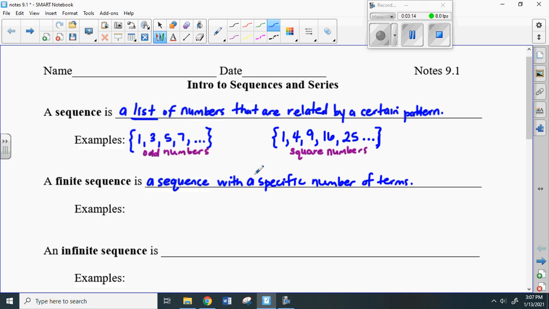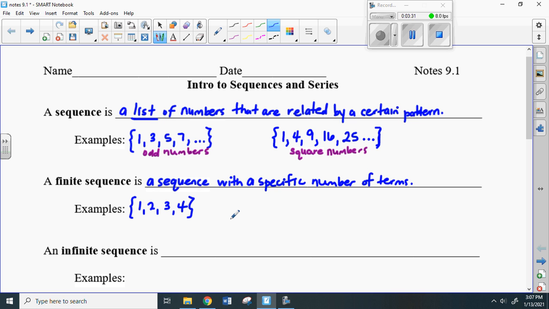Okay, so that would look more like this: 1, 2, 3, 4, and then you close the curly bracket.